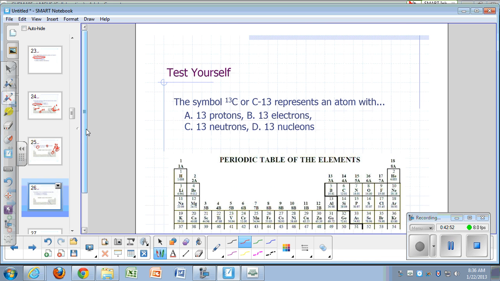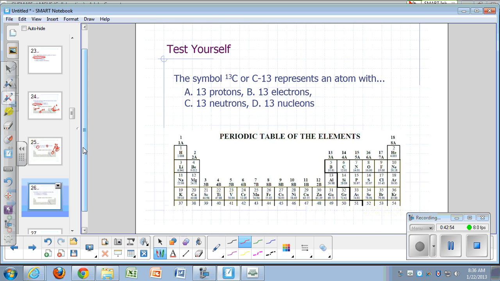The symbol carbon-13 represents an atom with A, 13 protons, B, 13 electrons, C, 13 neutrons, or D, 13 nucleons. And here's C on your periodic table. So carbon's atomic number 6.